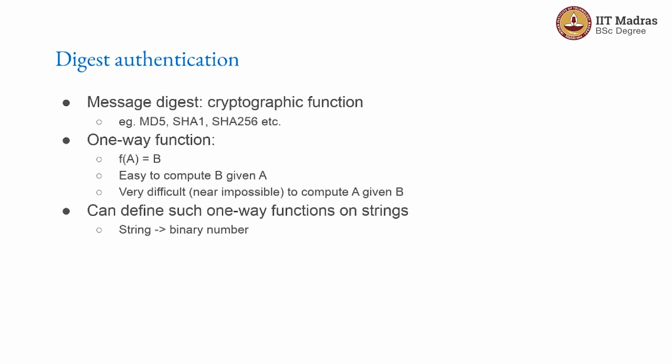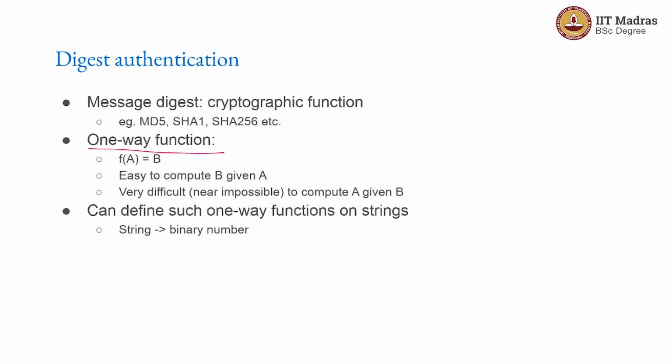Crypto essentially stands for secret. So cryptography deals with how you can use mathematical functions and mathematical properties to say that certain kinds of operations are going to be very difficult to perform and therefore can be the basis of securely transferring data from A to B. Now there is something called a one-way function.